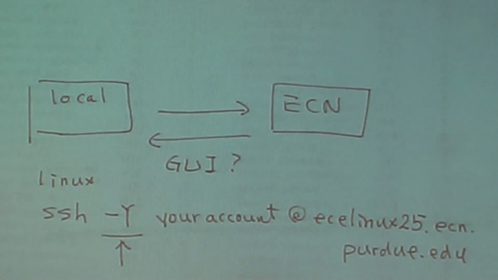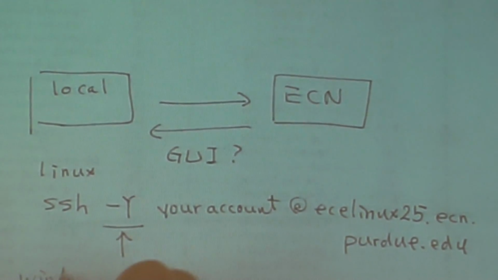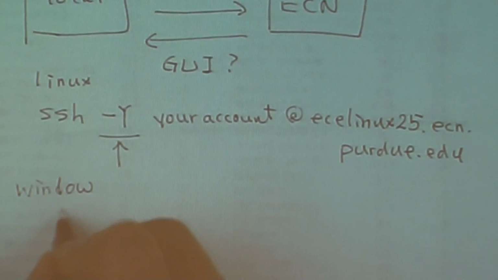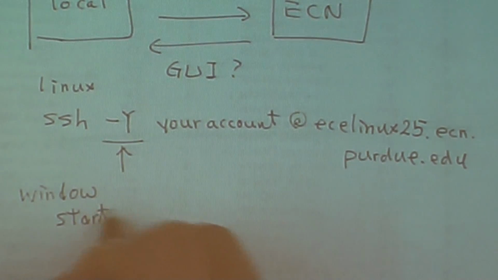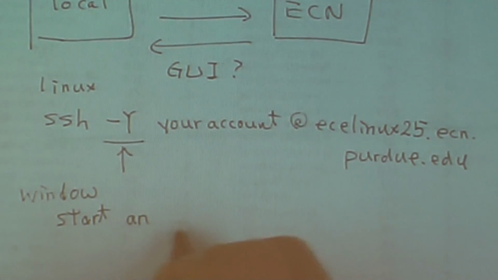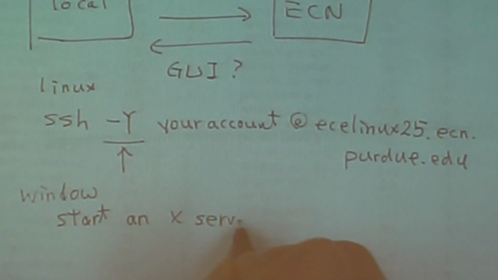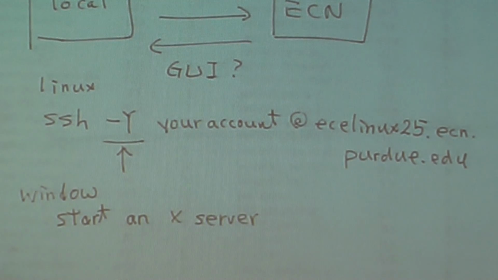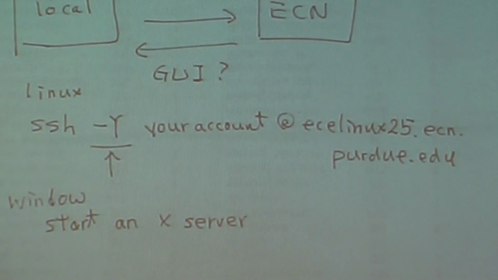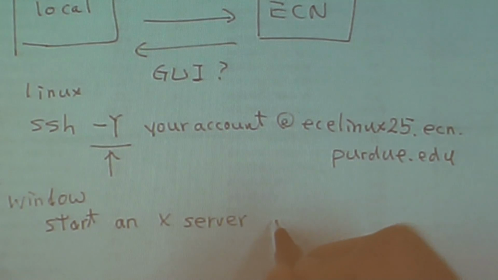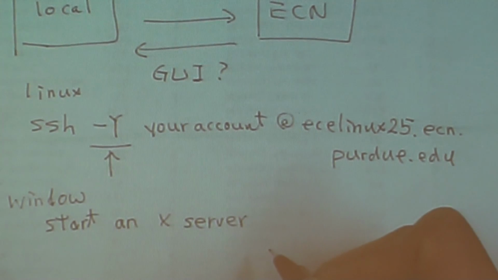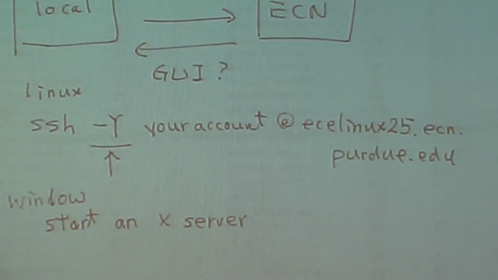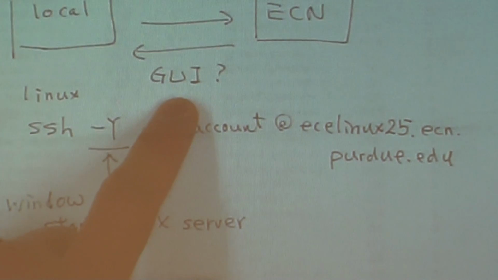If you use Windows, you need to start an X server. There are multiple ways to do it. Secure CRT is not enough. Secure CRT does not allow you to; with Secure CRT, you can only type through a window. The graphical user interface will not come back.